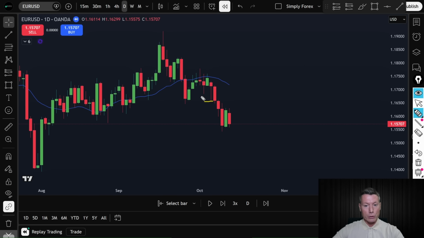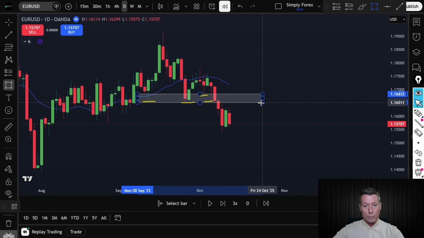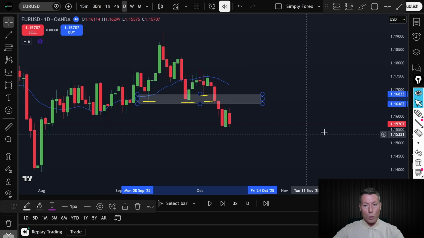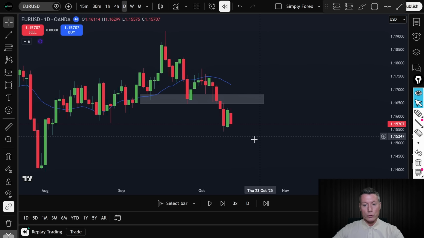If we're looking on this chart for the most recent support and resistance, you can see all of these levels here. Price has kept reacting. So all we're going to do is put a support and resistance level through all of that price reaction. So this is our horizontal resistance level in this case.